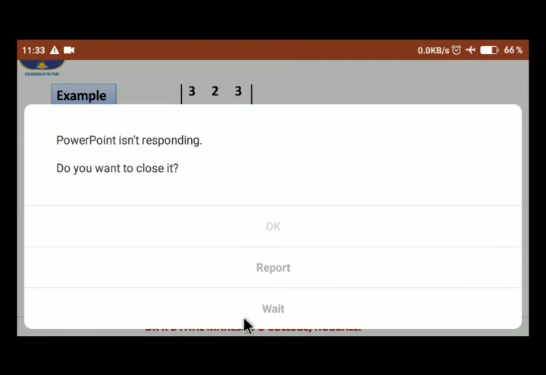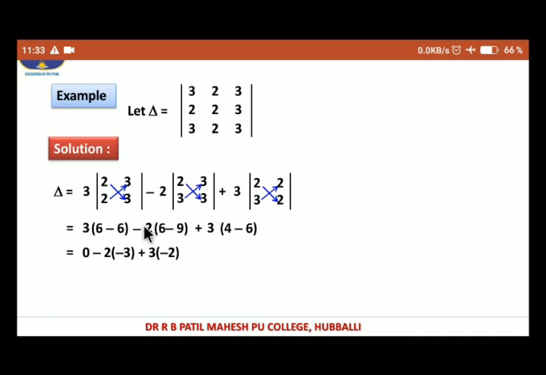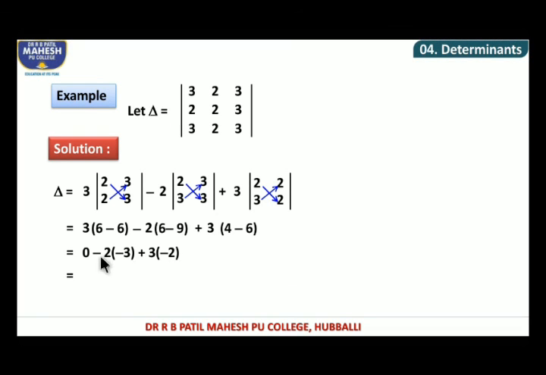So we get 6 minus 6 is 0, so 0 into 3 is 0, minus 2 into 6 minus 9 is minus 3, minus 3 into minus 2, plus 3 into 4 minus 6 is minus 2. After simplifying, 0, just leave it.